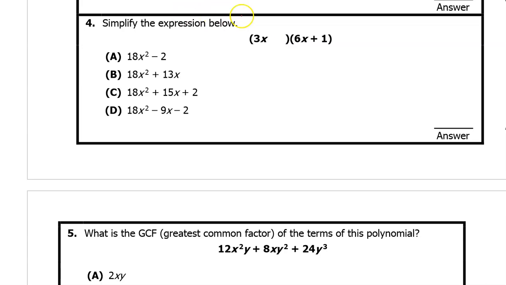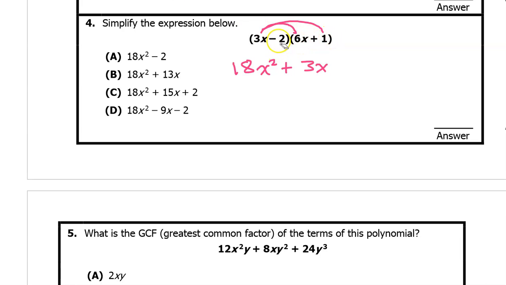So do the distributive property with the 3x. So when I do 3x times 6x, well, the 3 times 6 is 18. And then x times x is x squared. Now I need to do 3x times 1. So of course that will just be 3x.